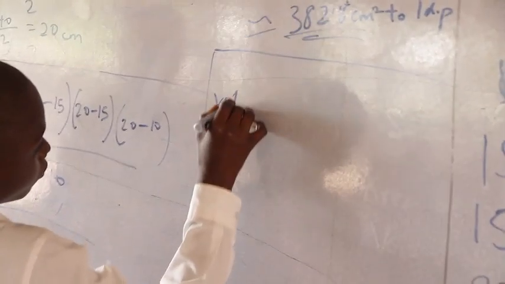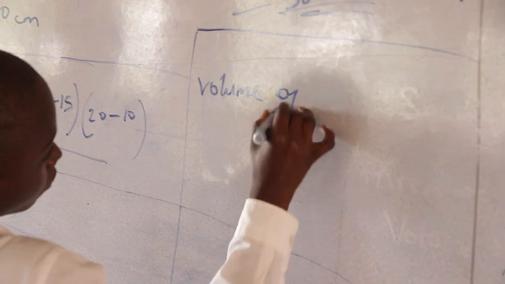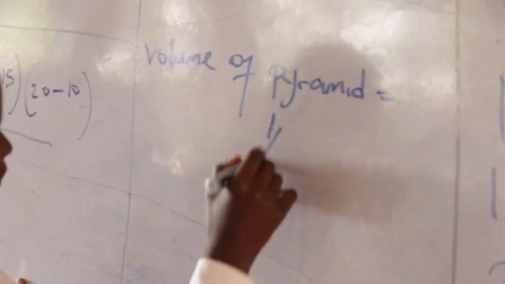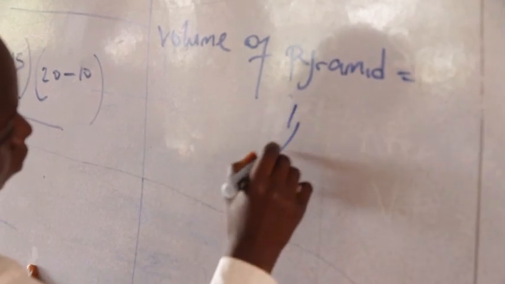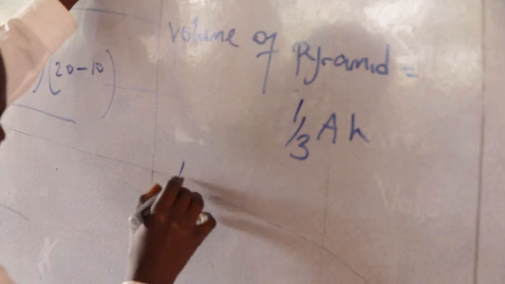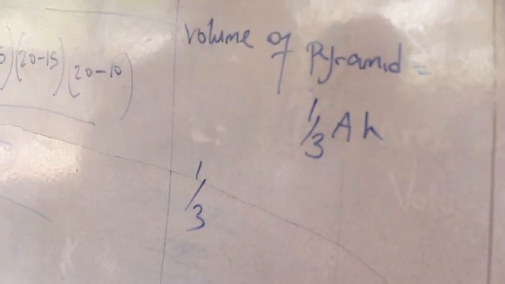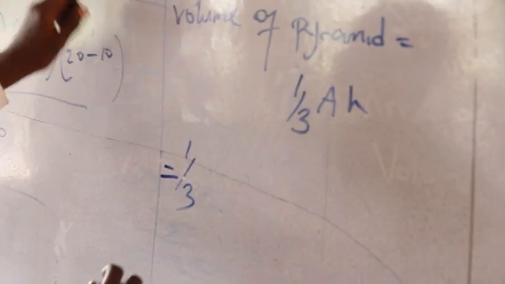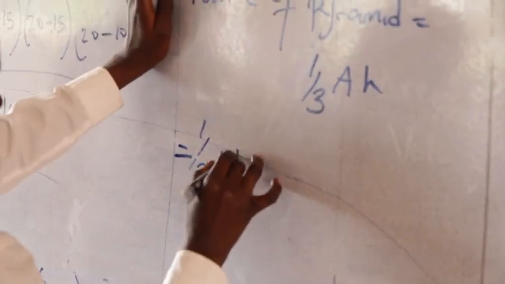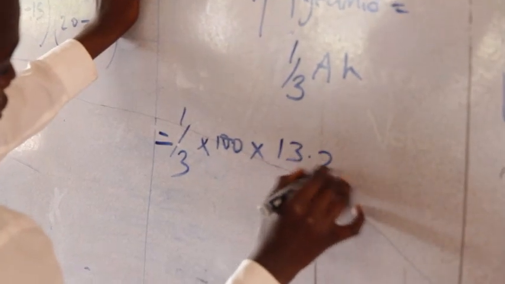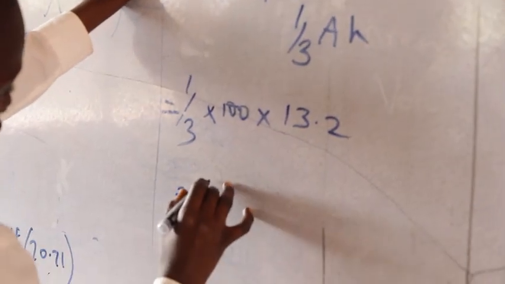Okay, volume of pyramid is equal to 1/3 base area times height. Okay, base area is 100, 10 times 10. What is the height? 13.2.